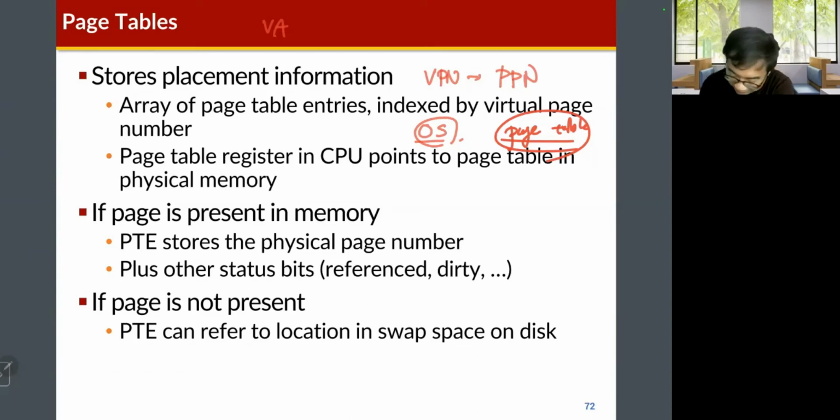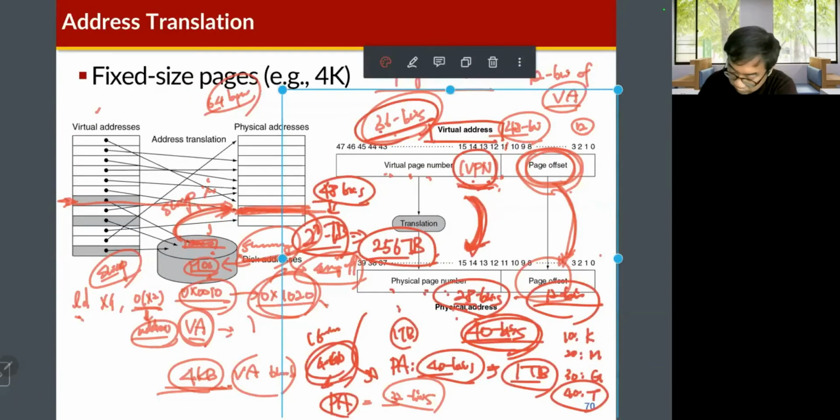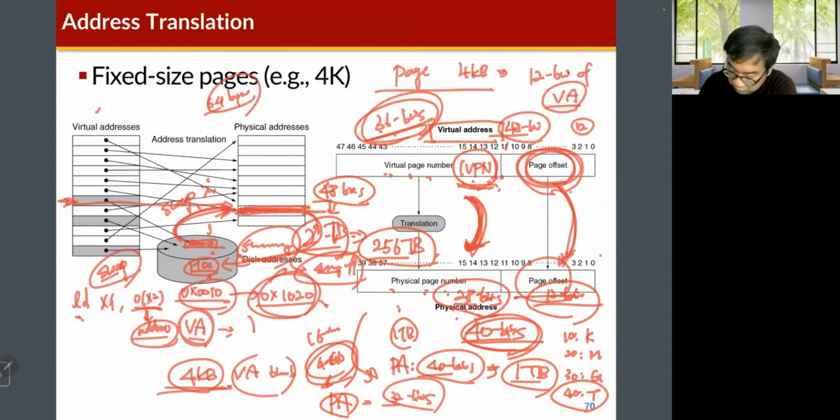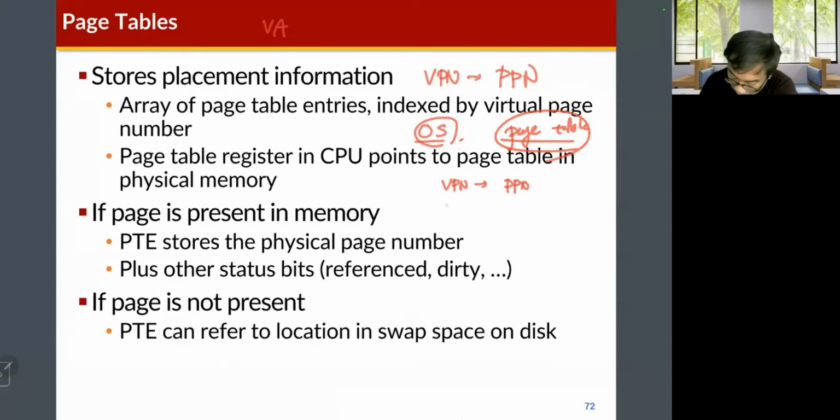Actually, we need to translate the virtual page number to the physical page number. In this example, the size of the virtual page number is 36 bits, which means the 36 bits of the virtual page number are mapped to the physical page number.